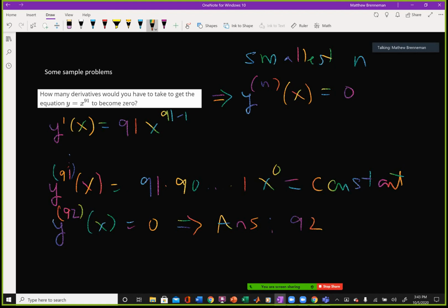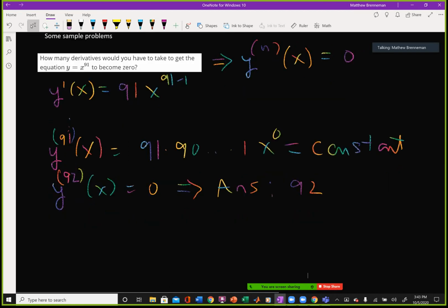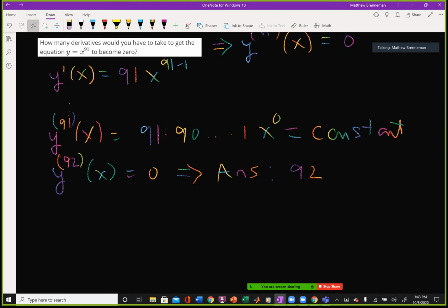Now, sometimes when you're doing this, people get a little tripped up. Like, how many times do I have to take it till I get down to x to the 0? Sometimes what you can do is solve a simpler problem. One way that you might do this is try y equal to x cubed.